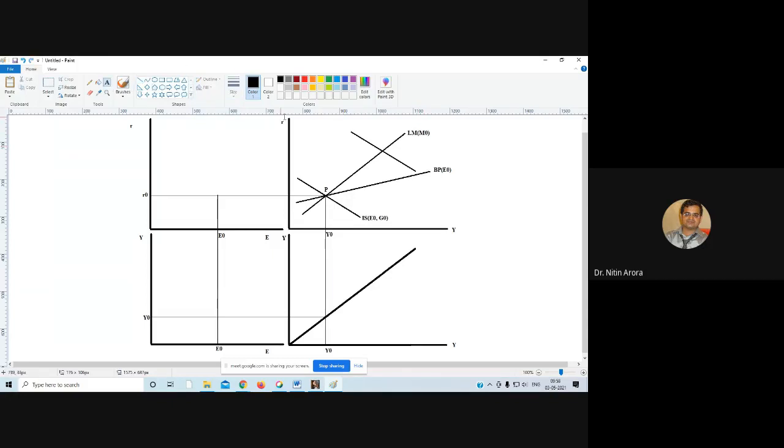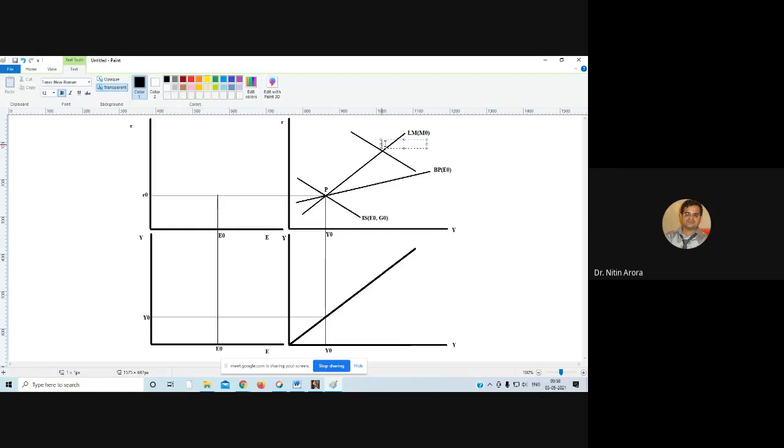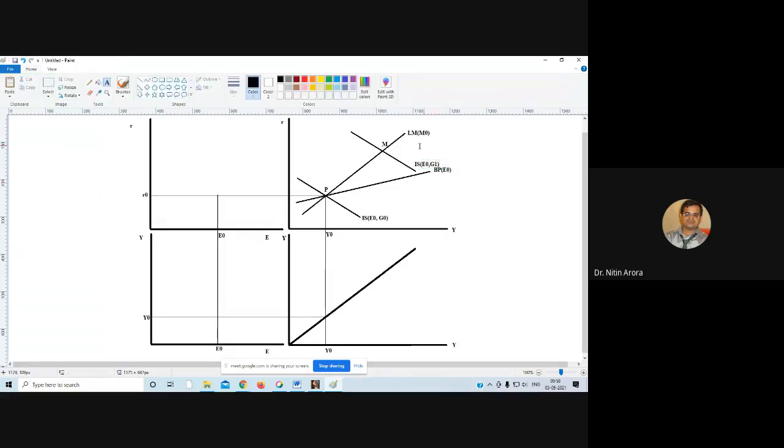Suppose temporary equilibrium takes place at point M, and this is the IS curve with exchange rate E naught and G1 as the government expenditure. The temporary equilibrium takes place at point M.